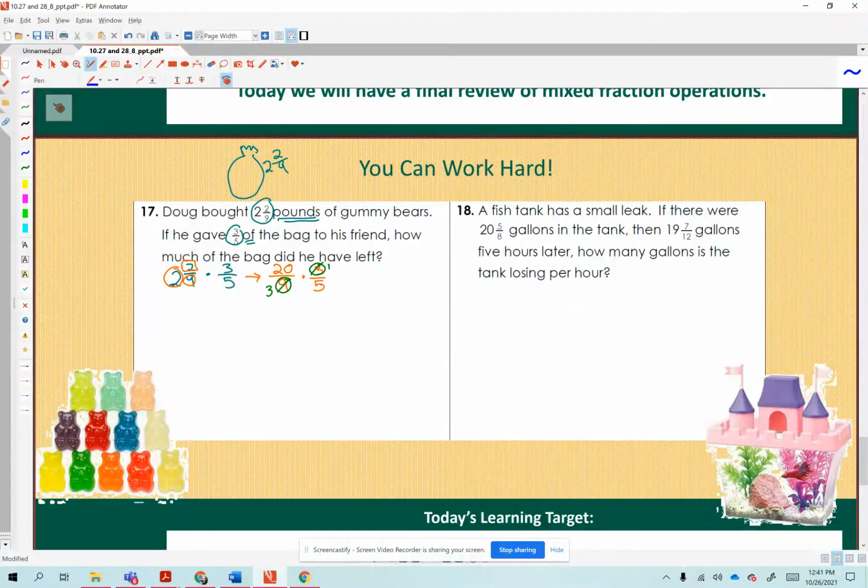Then I also have this 5 and this 20, and I will divide those both by 5. 5 divided by 5 is 1, and 20 divided by 5 is 4. So my new problem is 4/3 times 1/1, which of course equals 4/3.